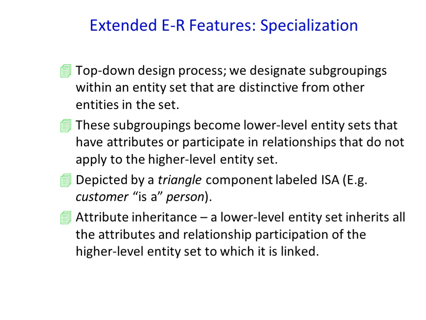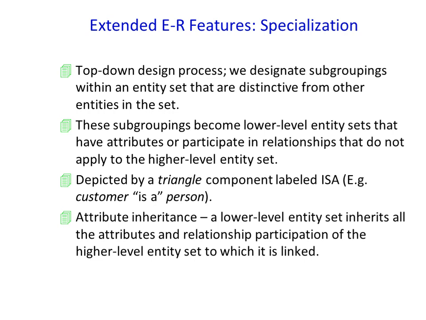This is depicted by a triangle component named ISA, that is, "is a" person. For example, customer may be a person. Okay, customer is a person. So that is the first specialization feature.